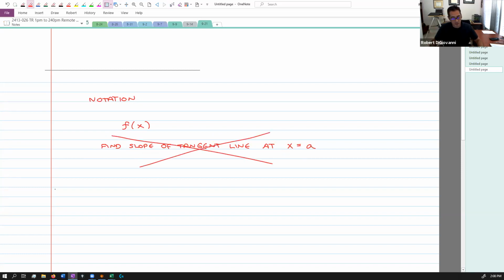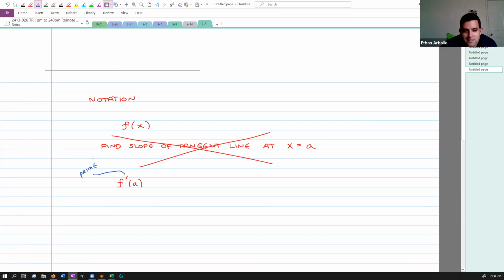Here's what I'm going to write. f with a little prime mark there, and then in parentheses a. That little prime, we call that the prime mark, okay? It's like an apostrophe, okay? That little symbol tells you to go find me the slope of the tangent line. Okay, that's all. It's very simple, very simple symbol.